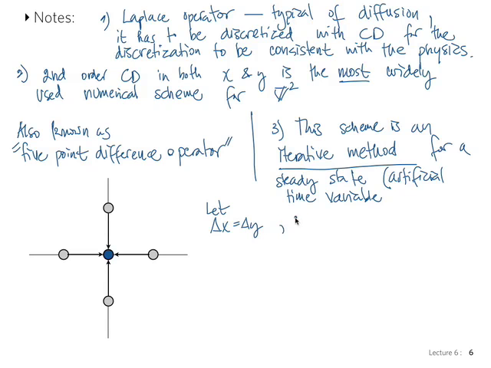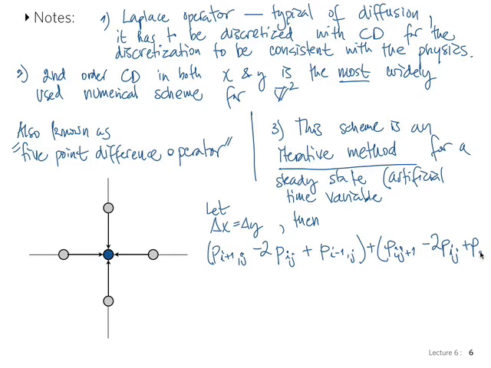Then the discretized scheme that we just wrote in the previous slide was p(i+1,j), our central difference, minus 2 p(i,j) plus p(i-1,j), and the other terms were p(i,j+1) minus 2 p(i,j) and p(i,j-1), equal to 0.